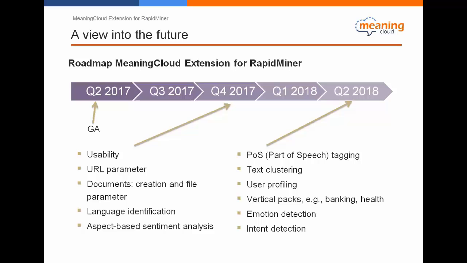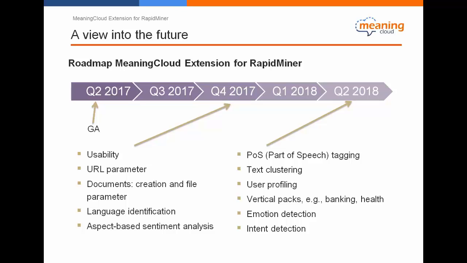And finally, some of the things that will come in the next months. The product is evolving. We have just launched the extension, but in the coming months we plan to improve the usability, to enable features that are already present in our APIs, for example language identification, aspect-based sentiment analysis, part of speech tagging or text clustering, and expose them also as RapidMiner operators.